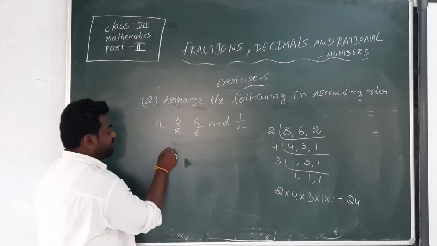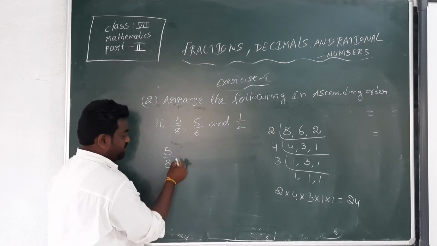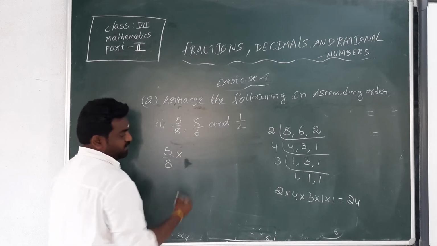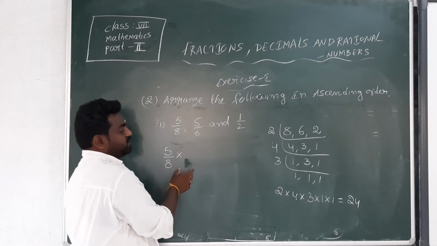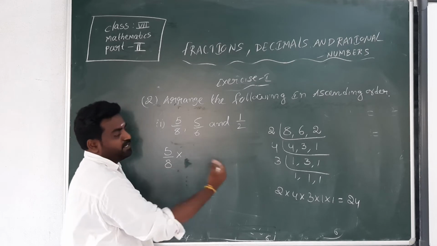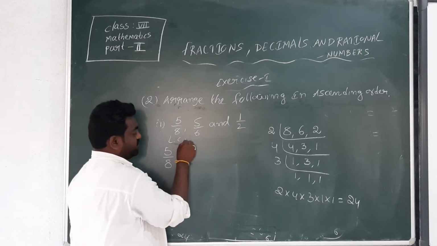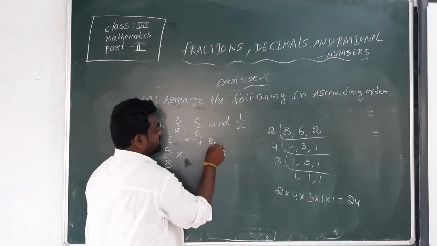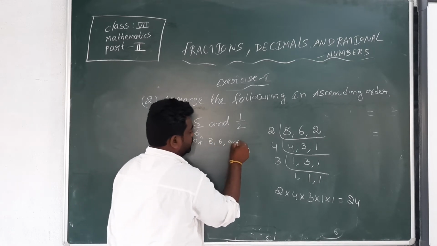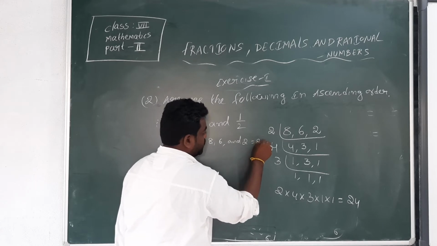Therefore the LCM of 8, 6 and 2 is equal to 24.